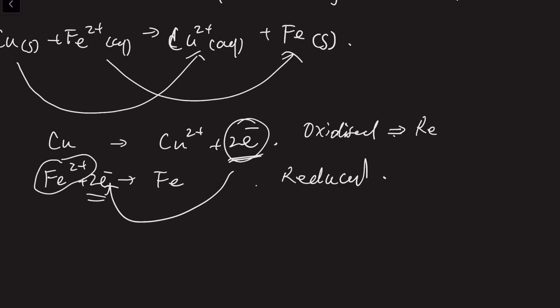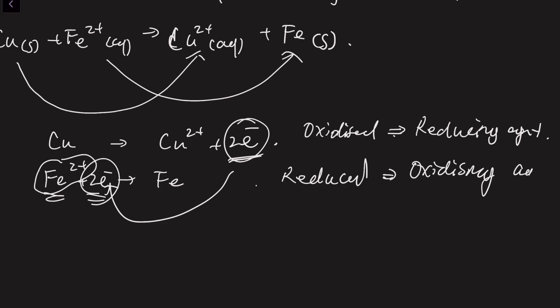Thus, it is the reducing agent. And it's the other way around for the Fe2+ ion. Because it is gaining electrons, it must cause another species to lose electrons. So it must cause the other species to undergo oxidation. So it is the oxidizing agent.